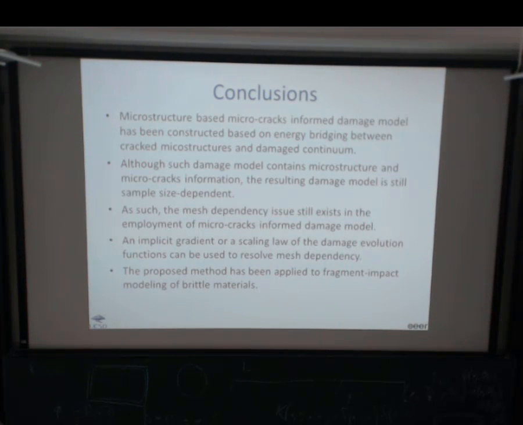It's a very nice talk. For your implicit gradient calculation, how do you pick the constants? That's the million dollar question. The constants have to come from, like in shear band, when they have to introduce the length scale as a localization limit, they have to measure that experimentally. In practice, you have many length scales.